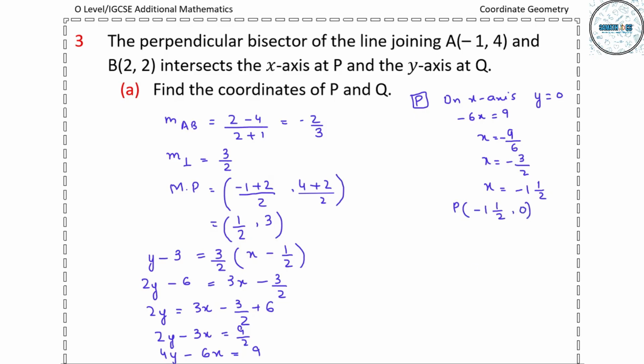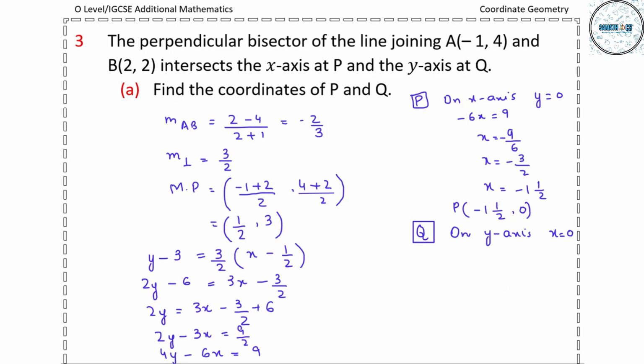Now we will take out the coordinates of Q. Q is on the y-axis, where x is equal to 0.